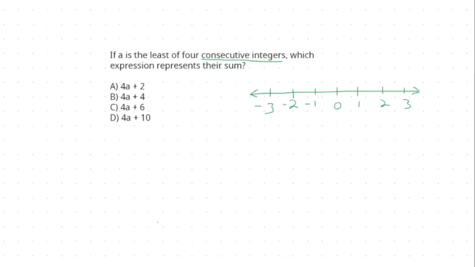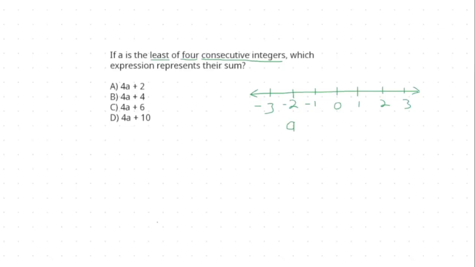Now, we're dealing with a variable here that represents the least of four consecutive integers. So this means that if we start off with one particular integer, let's say this one here, this is a possible value for A.